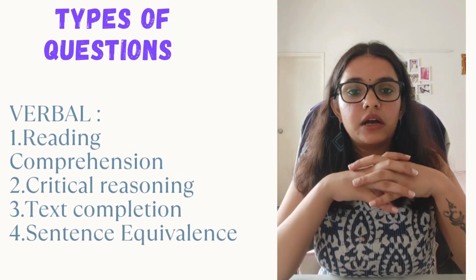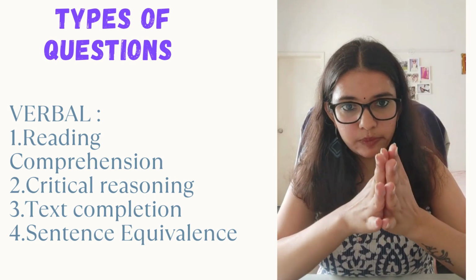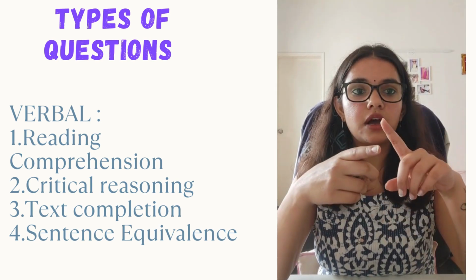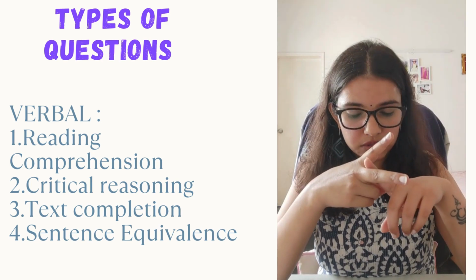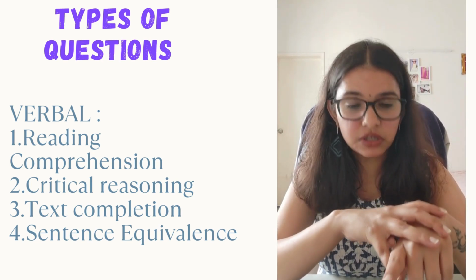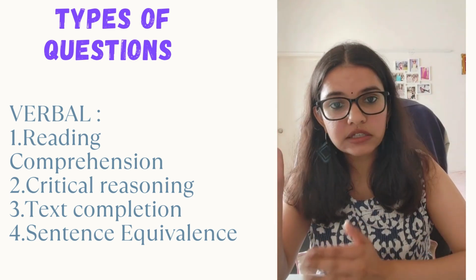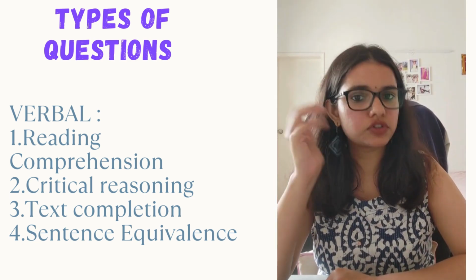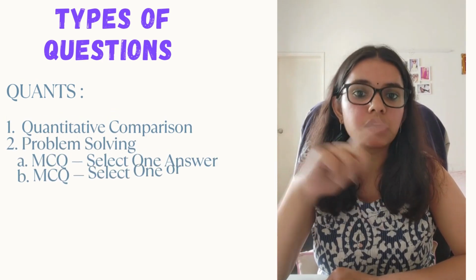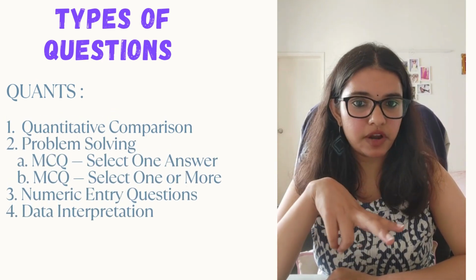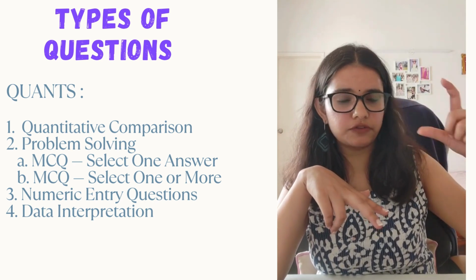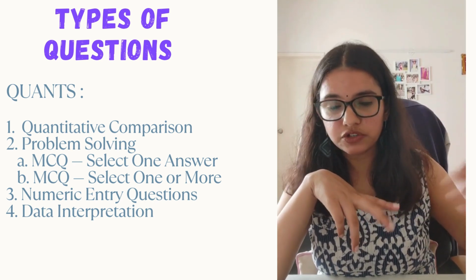In verbal, you will be presented with 4 different types of questions, which are sentence equivalence, text completion, critical reasoning, and reading comprehension. In Quants, you will again be presented with 3 to 4 different types of questions, one being problem solving, numeric entry, and graphical representation, which is a choose 4 out of 5 but a different type of question.